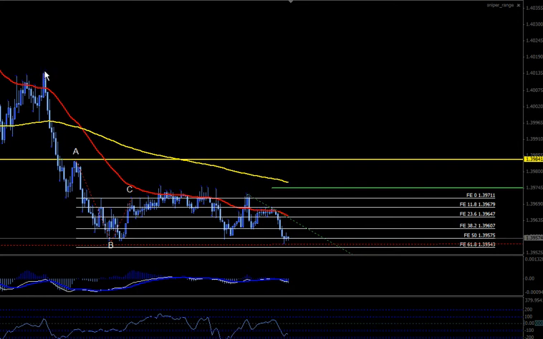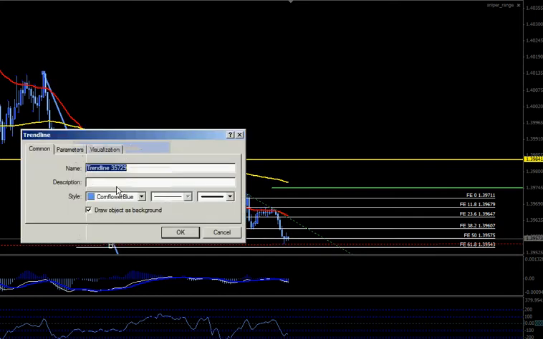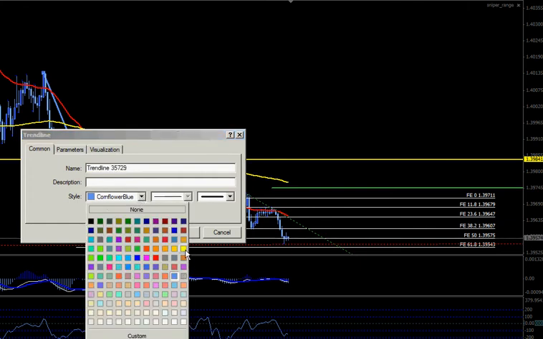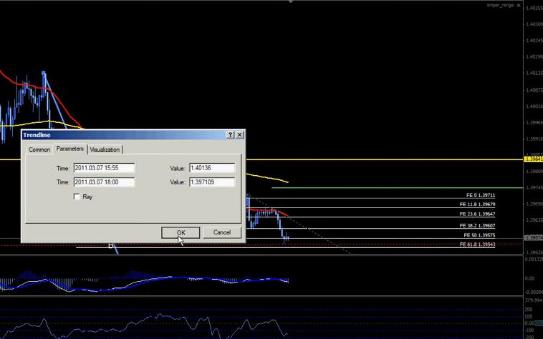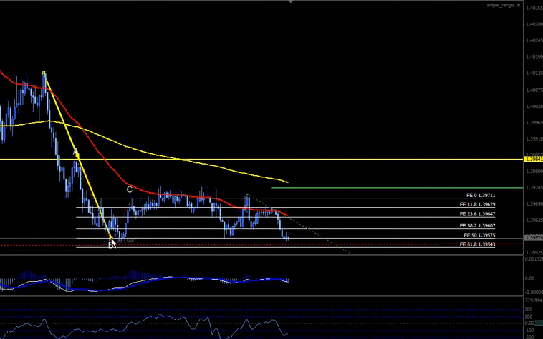And we did form a bear flag on this 5-minute chart here during this process. So let's just take a look at that.